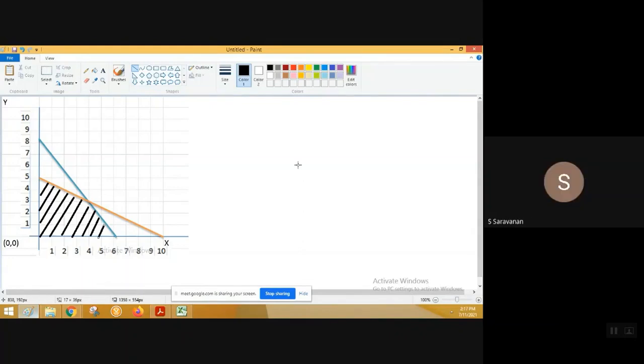Okay. So now you just let me know what are all the coordinates within this area. So this is 0, 0. I'll take a pencil, just a minute. This one is 0, 5. This one is 6.25, 0.